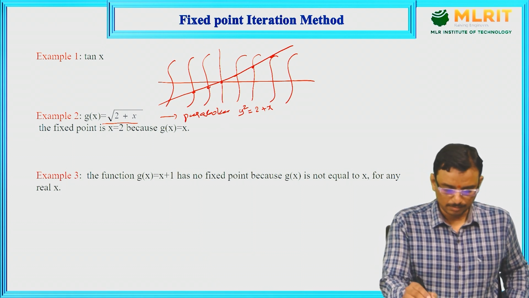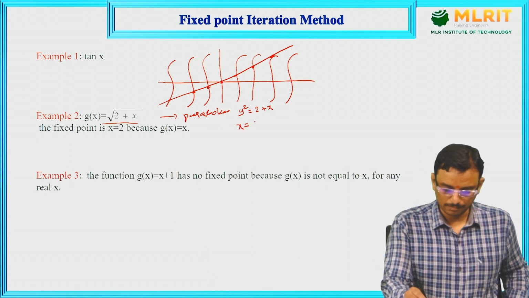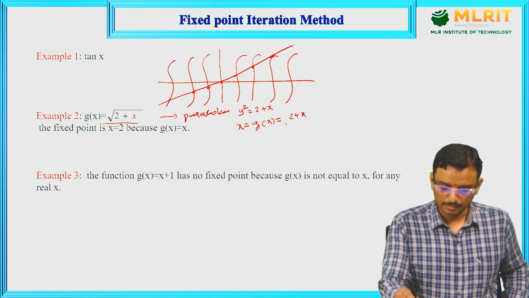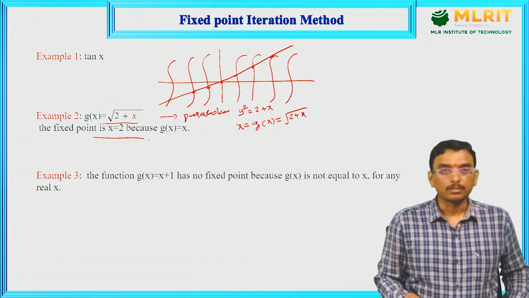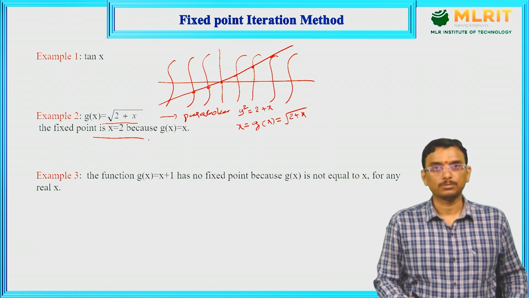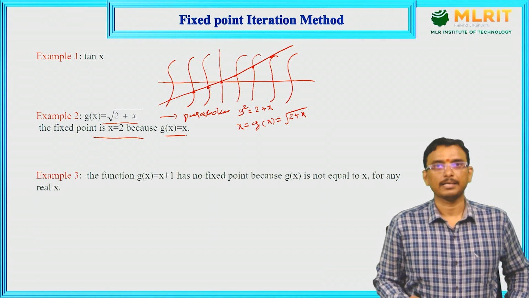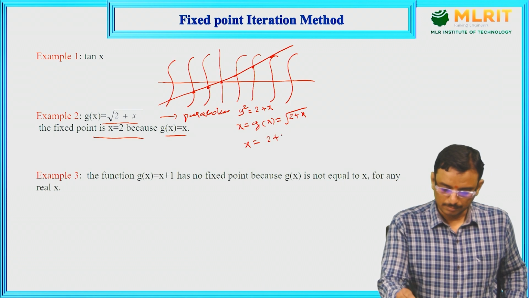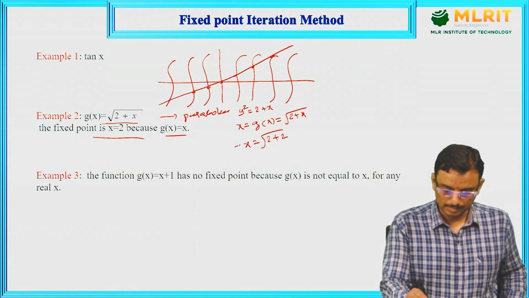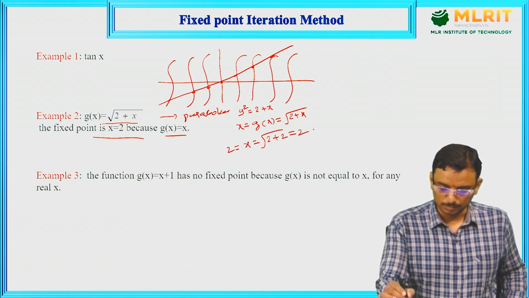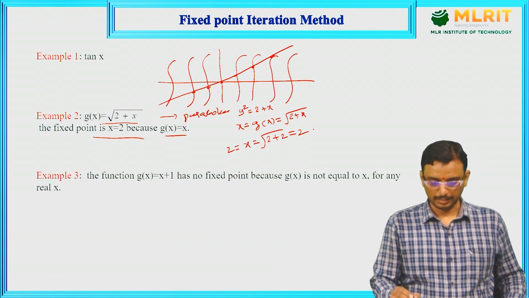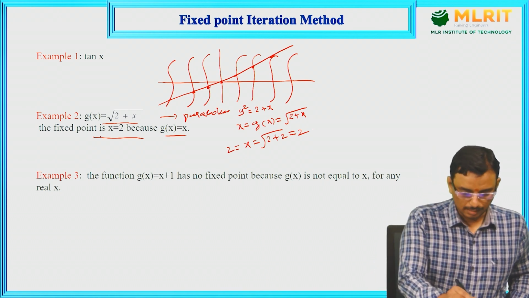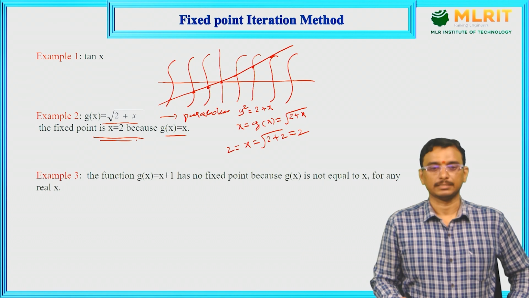Now x = g(x) = root of (2 + x), and the fixed point is x = 2, because x we can write as g(x). With x = 2, root of (2 + 2) = 2, so both left and right hand sides are equal. So 2 is the fixed point for the given function g(x) = root of (2 + x).